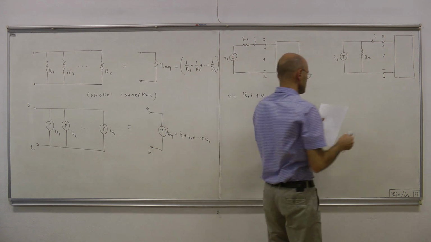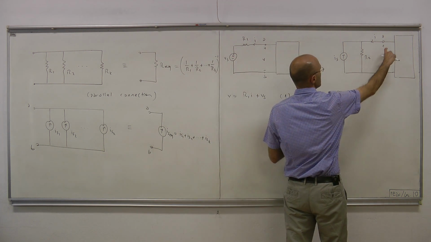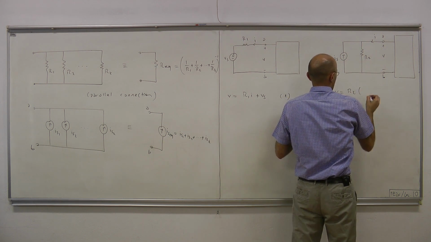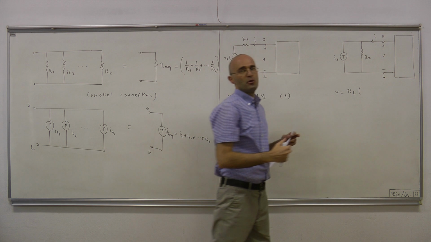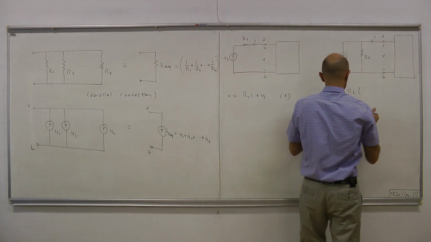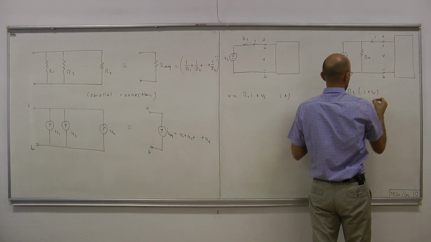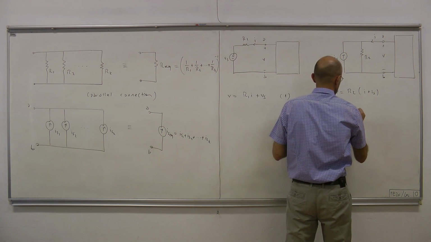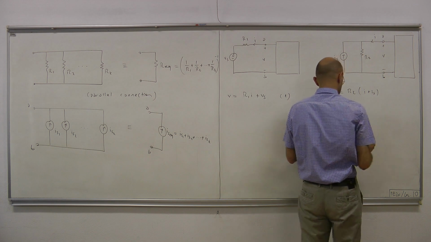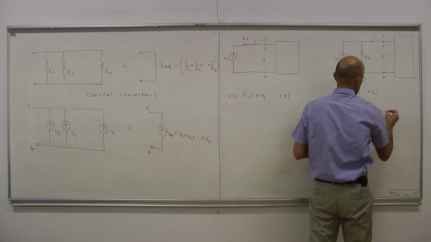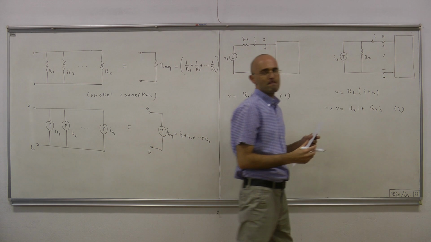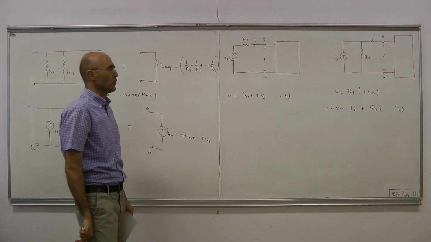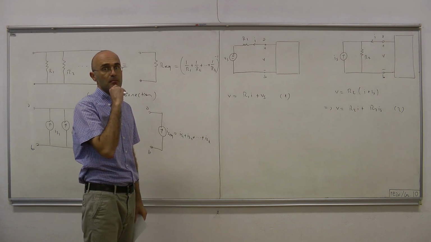So this voltage equals R2 times the current passing through R2, which is I plus IS. Therefore, V equals R2I plus R2IS. So that's the IV characteristics of the second one, and we gave it the number 2.